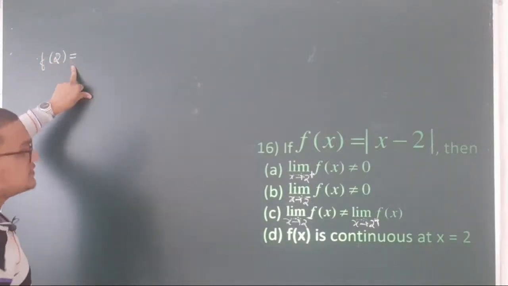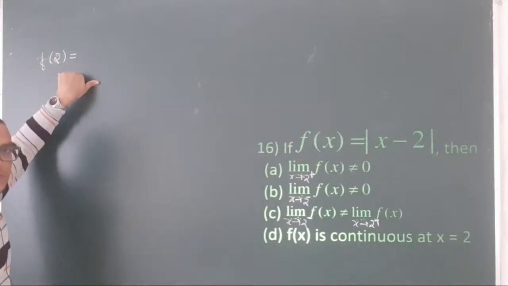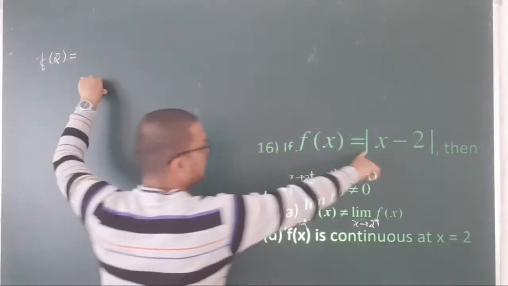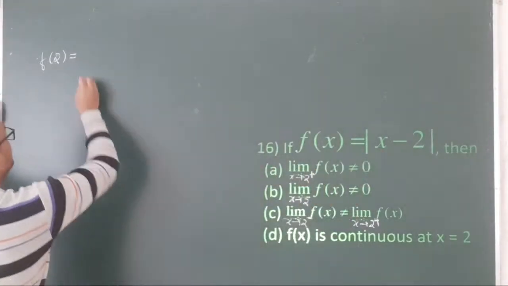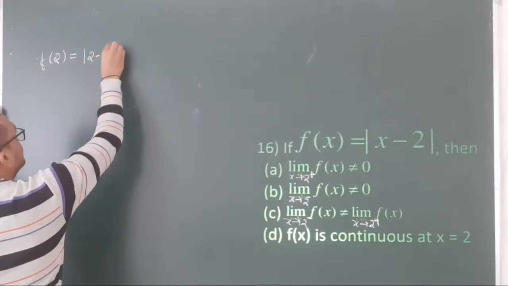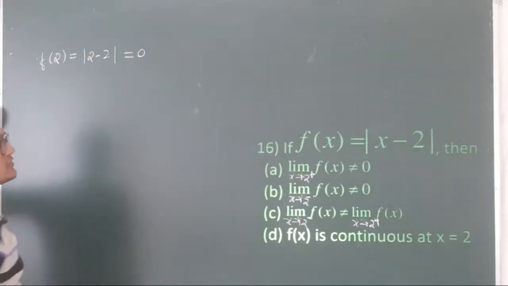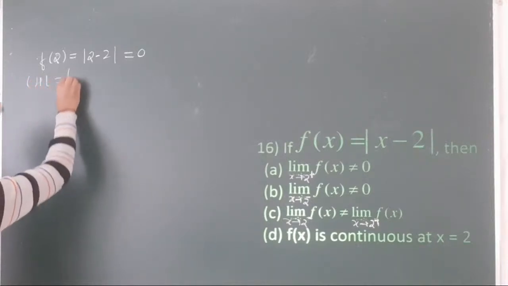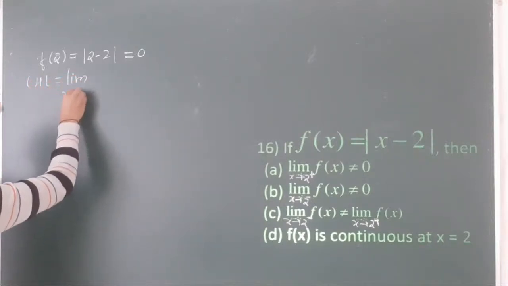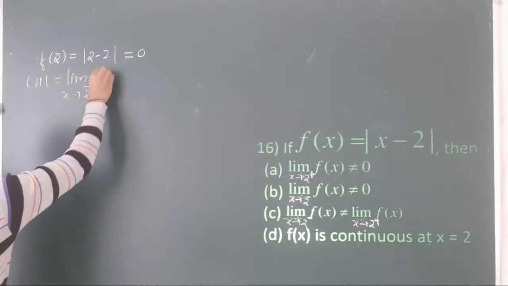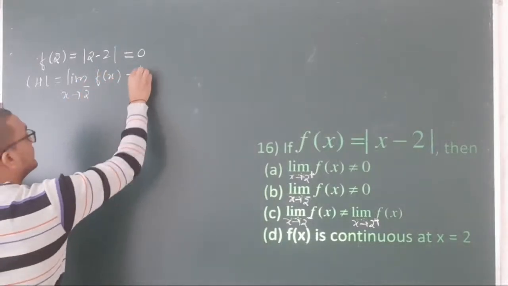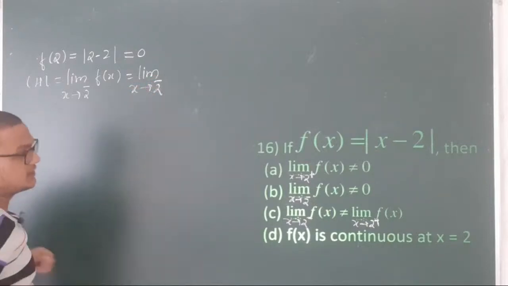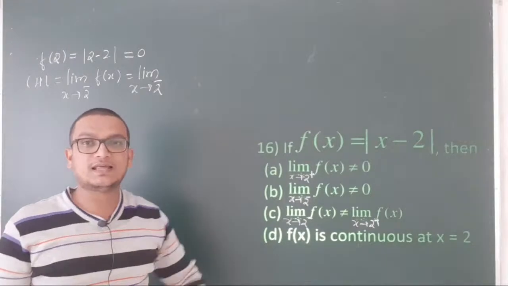f of 2 means, in the main function, wherever x comes, we have to put 2. That is modulus of 2 minus 2, which is equal to 0. After that, let us find LHL. LHL is limit x tends to 2 minus f of x. LHL means less than 2.